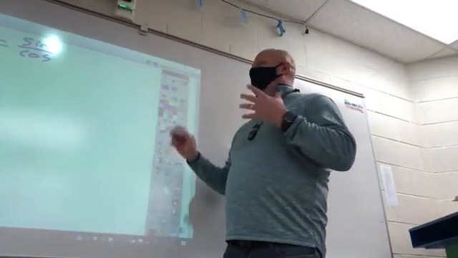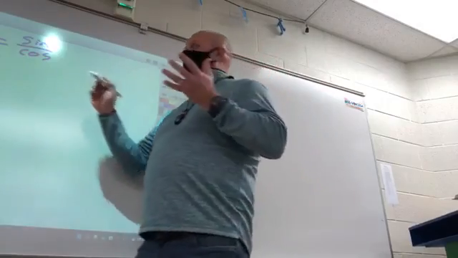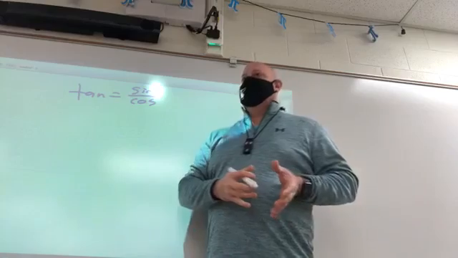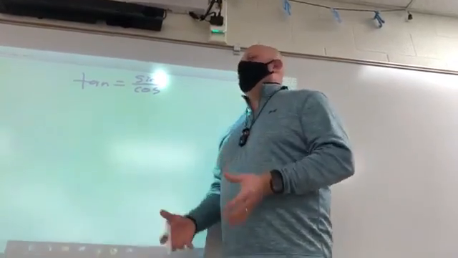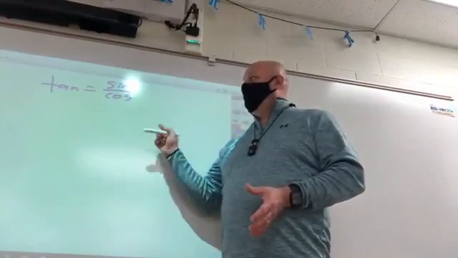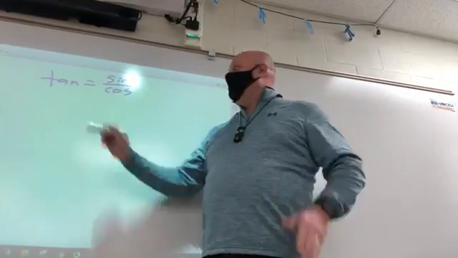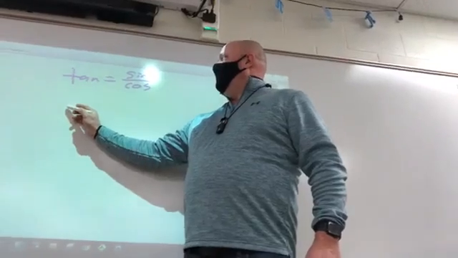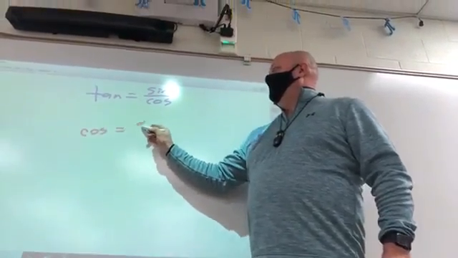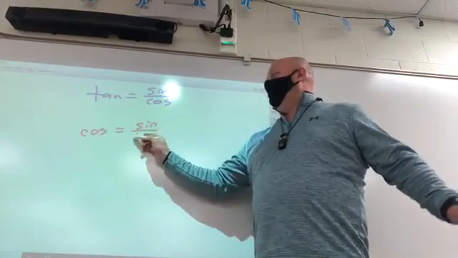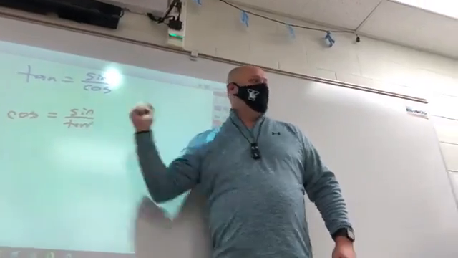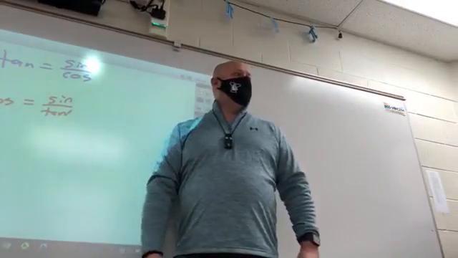So let's do that with this one. How can I manipulate this tool and turn it into multiple tools? What's another form of this tool? All right, cosine could equal sine over tangent. Great. If I ever see a sine over tangent, that's a cosine if I want to.